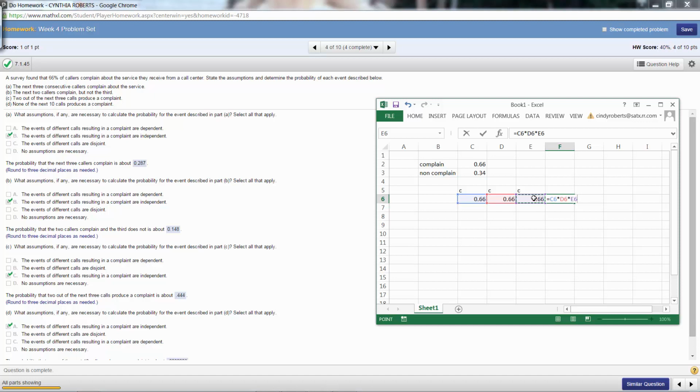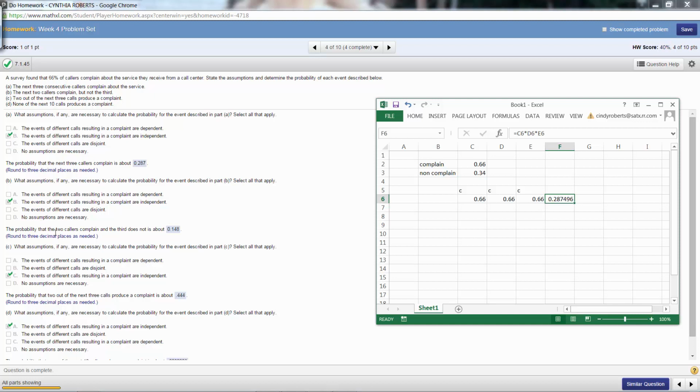Remember, and in probability means to multiply, and because these are independent, we just simply multiply them. So the probability the next 3 would complain, rounded to 3 decimal places, is about 0.287. Again, the assumption is that different calls resulting in a complaint are definitely independent.